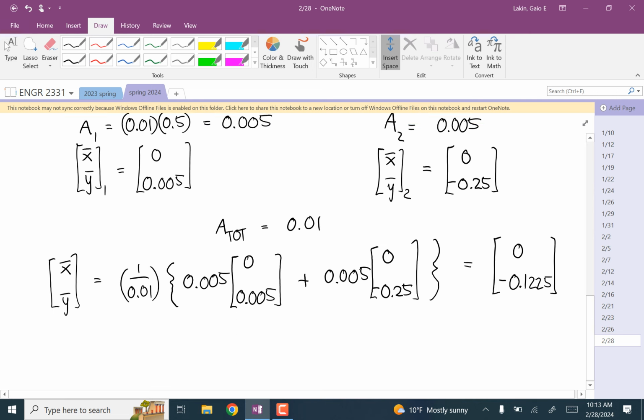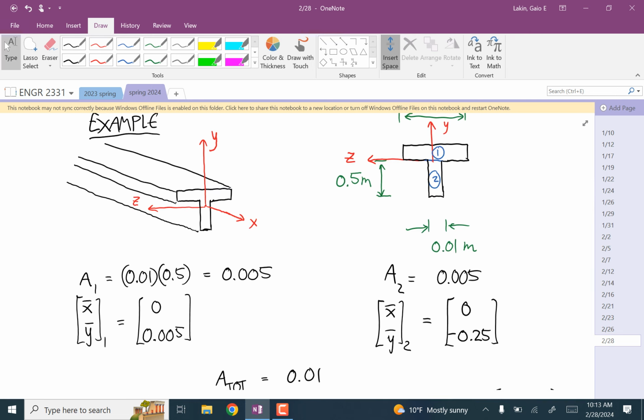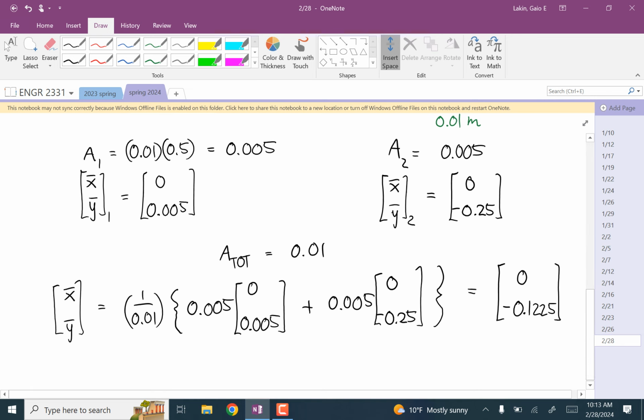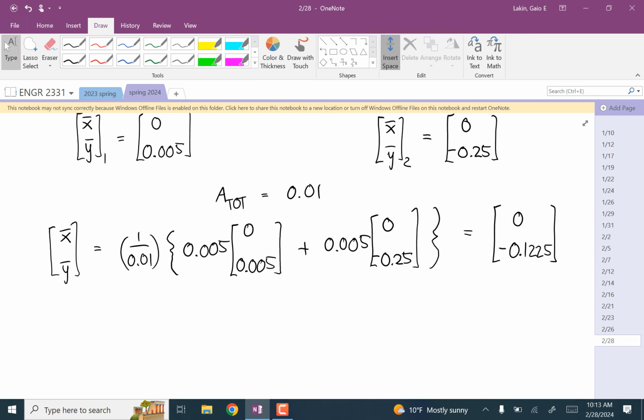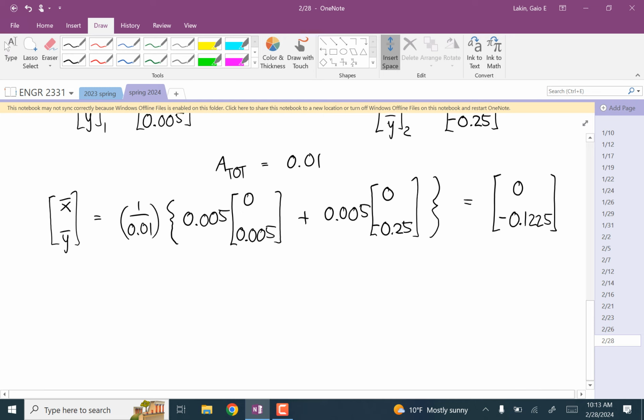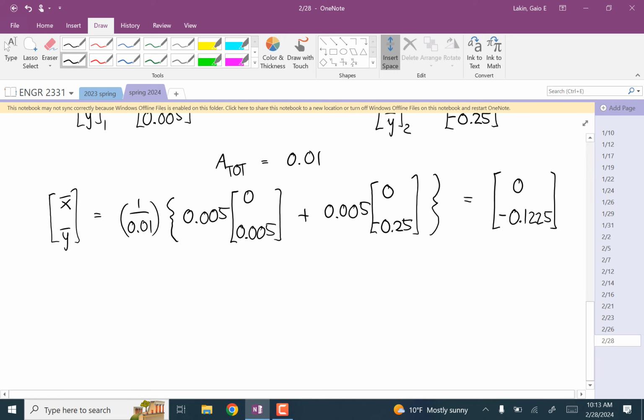All right, so now that we have this, we have to calculate the area moments of inertia of each of those two rectangles about this point.